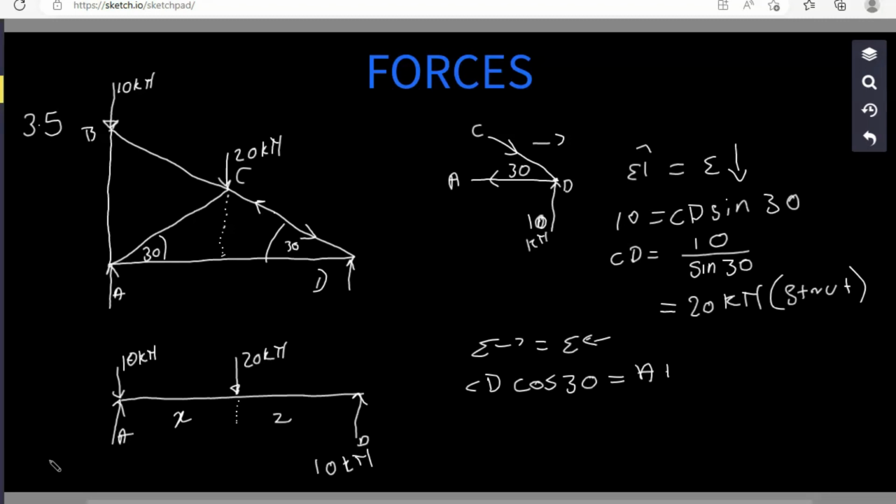Therefore our AD will be CT, which is 20 cos 30, and that will give us a value of 17.321 kilonewtons.